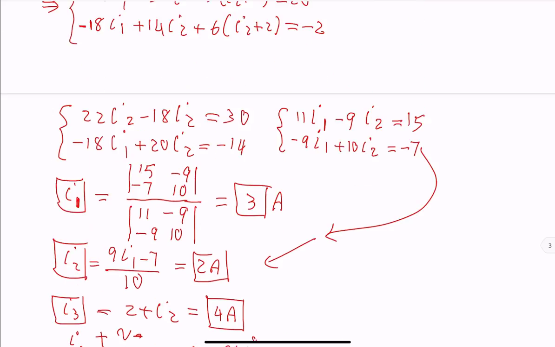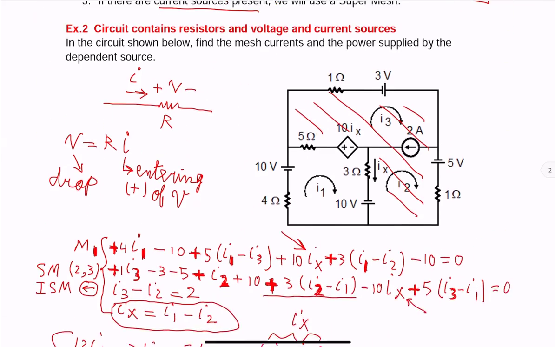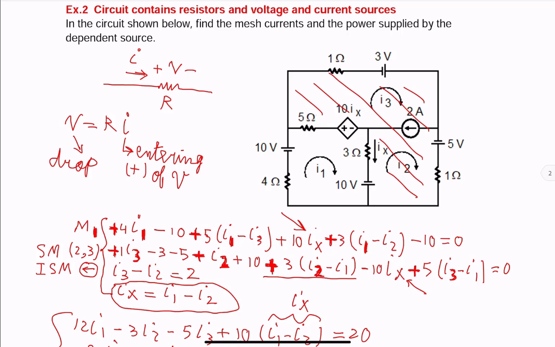So let's look at the dependent source. Voltage is 10Ix. For supplied power, let's multiply that voltage by the current exiting or leaving the positive terminal, which is in the direction of I3, opposite direction to I1. So I3 minus I1.